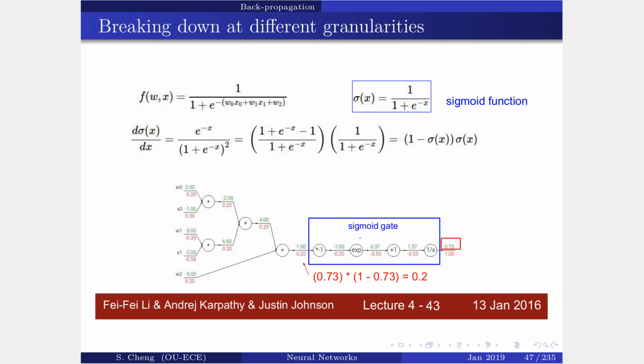And in practice, that's what has been done in maybe Theano and PyTorch, right? They have this automatic differentiation. So you give the function, and they know how to compute the partial derivative of the output with respect to the input.